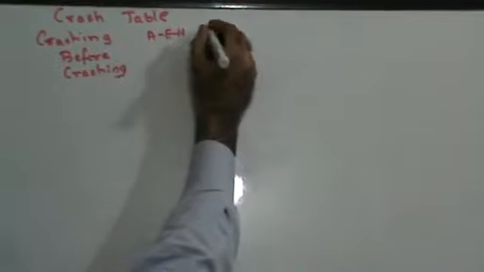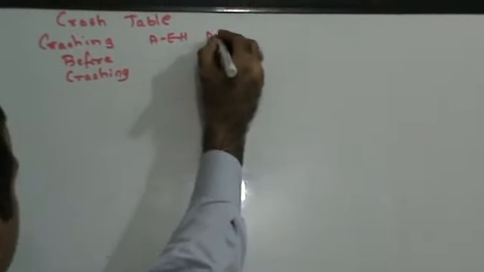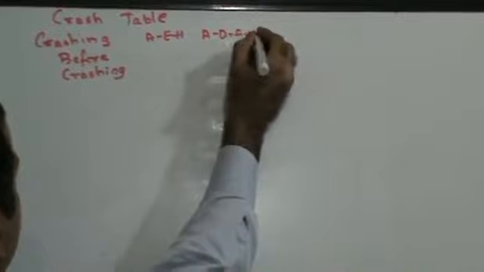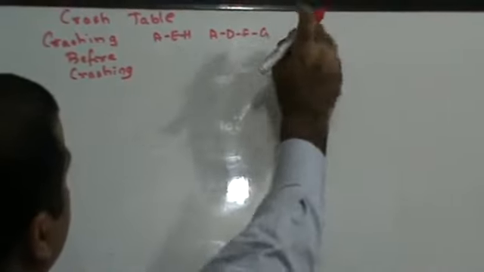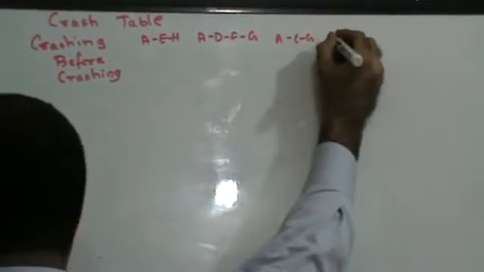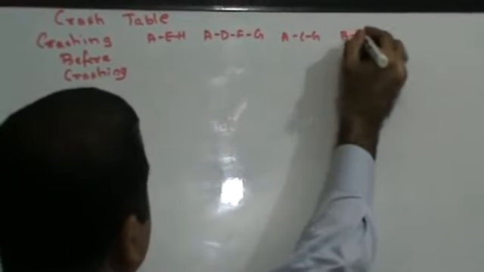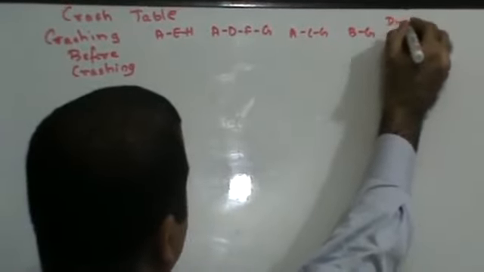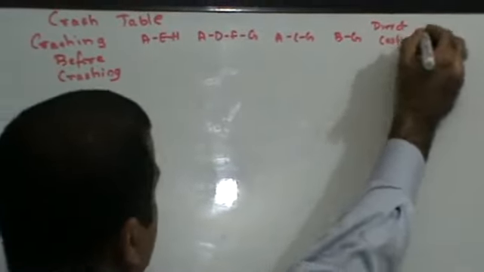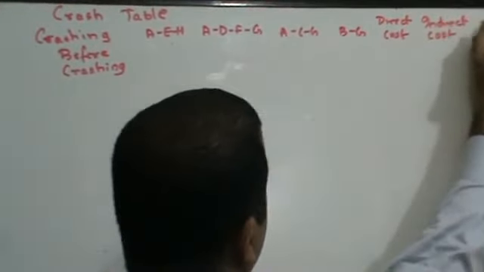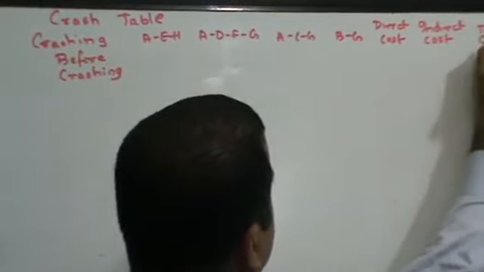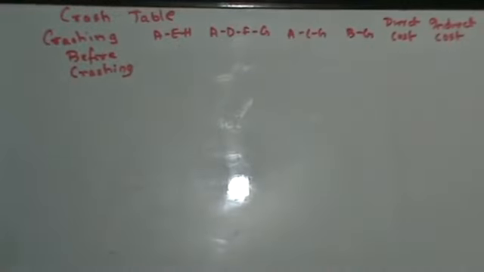The paths you had were AEH, then ADFG, then ACG, then BG. Then you write direct cost, indirect cost, total cost. Right? That's how you make the crash table.